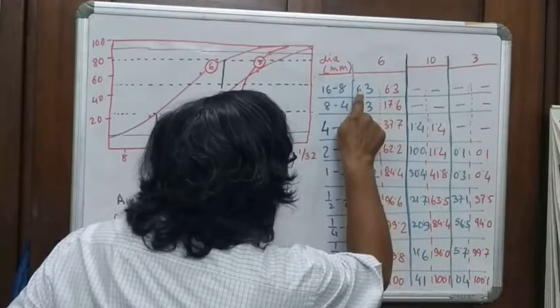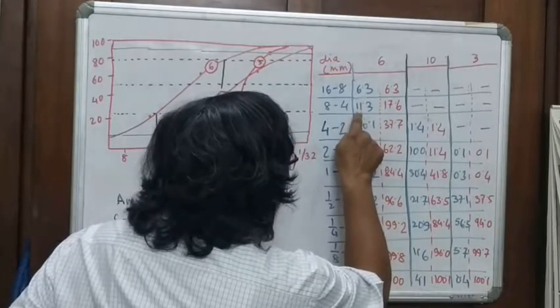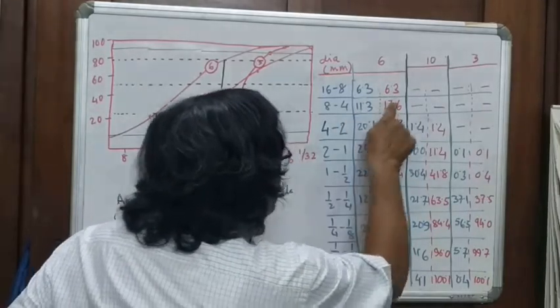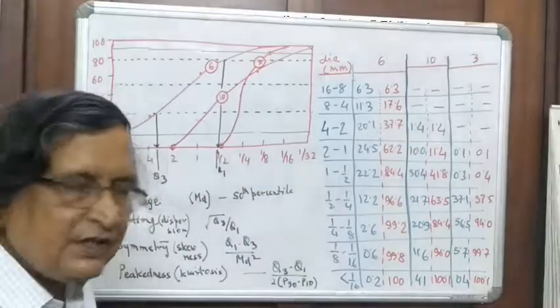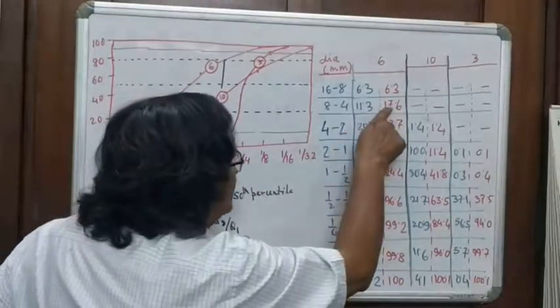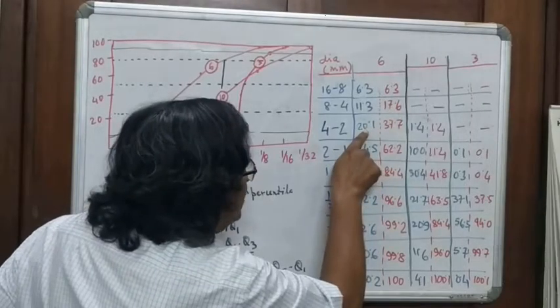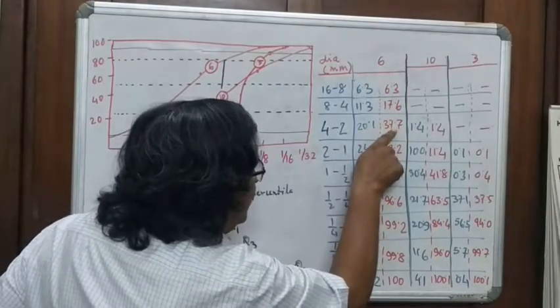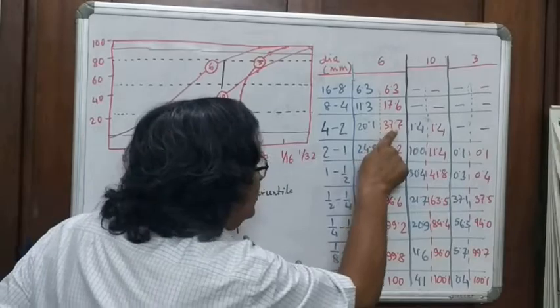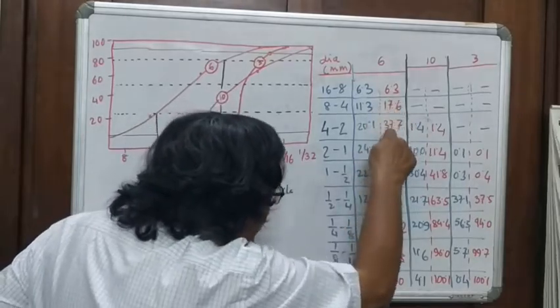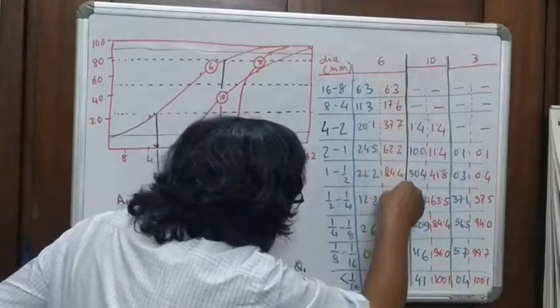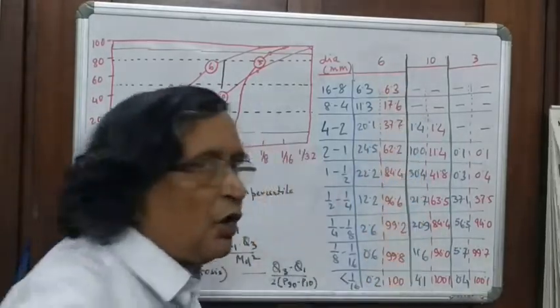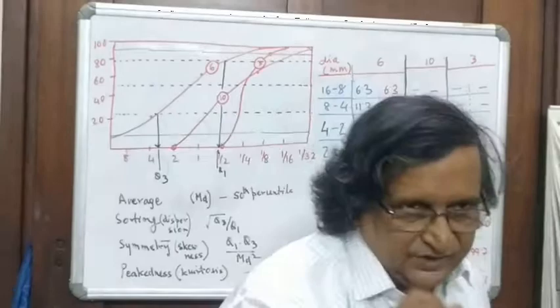So 6.3 plus 11.3 is 17.6. Then 17.6 added to 20.1 adds up to 37.7. You are accumulating the total weight fractions. This is called the cumulative frequency.